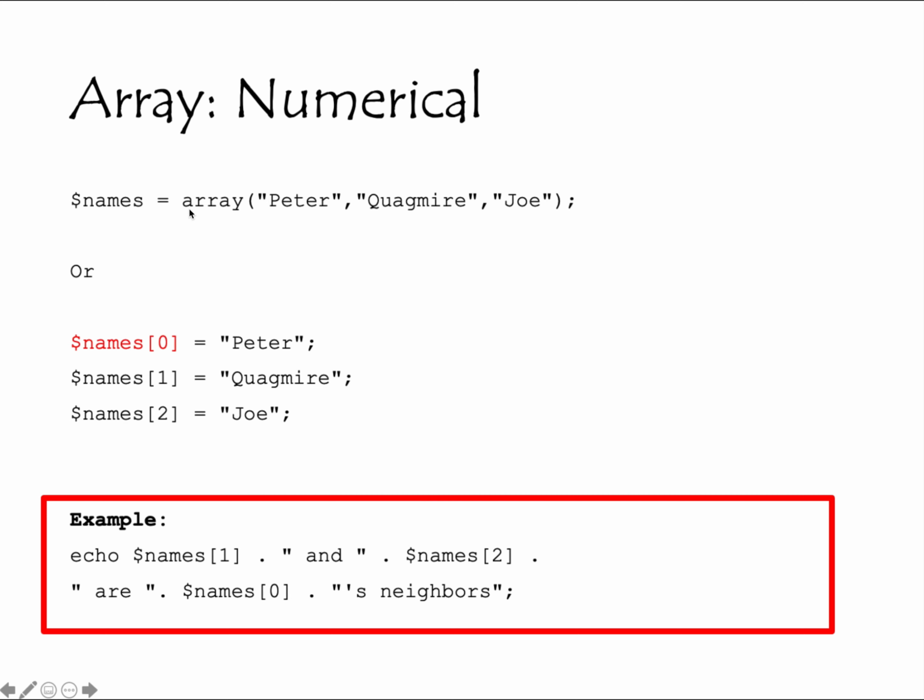If you assign values using this array function, you are creating an array variable, a variable that can keep multiple values. So these 3 values, Peter, Quagmire, and Joe, will be assigned in one variable, names. So names is an array variable.